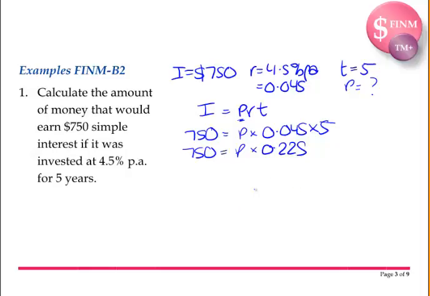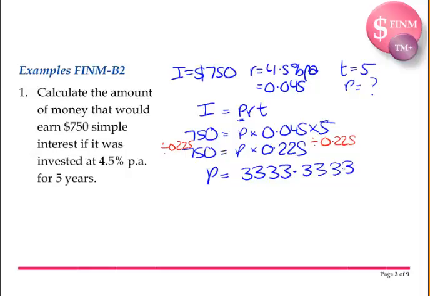So we can divide both sides by that to get that P on its own. So 750 divided by 0.225 gives me 3,333.333. It keeps recurring.